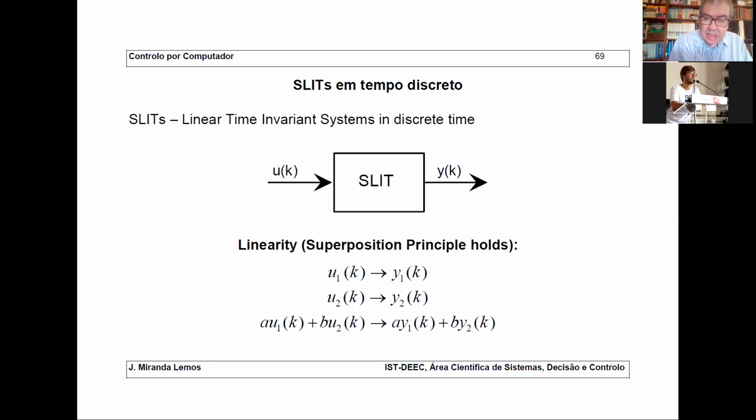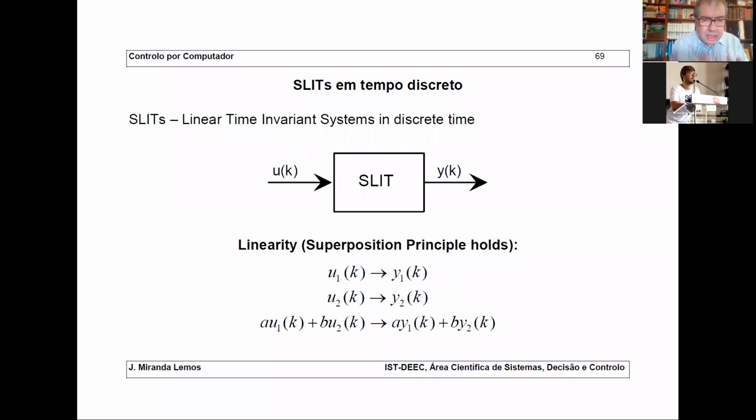So linear systems are an essential tool to understand the world that is around us, in engineering terms, and not only that, also for design, even when you enter the world of nonlinear systems. So it's quite important that we have clear ideas about this.